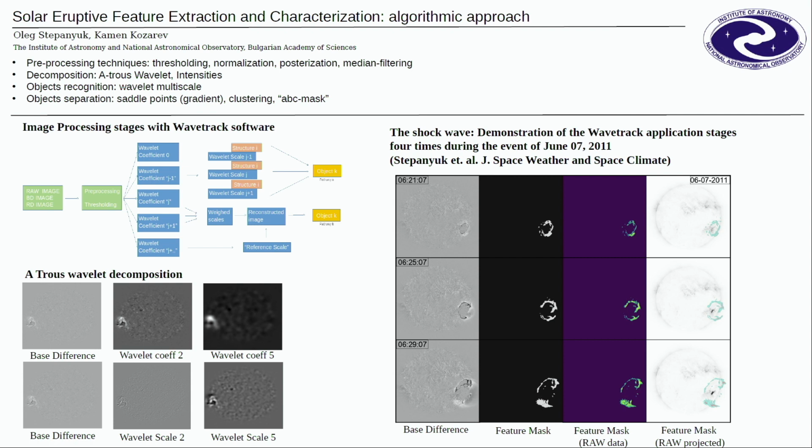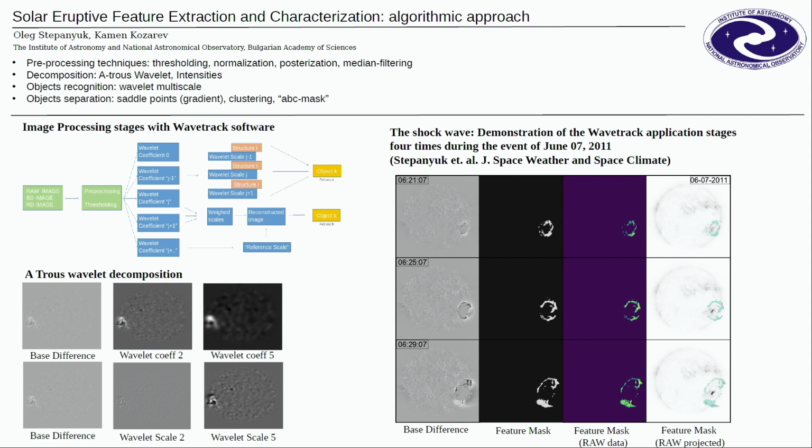After that, we apply a certain thresholding because we understand that the features of physical interest, like for instance the shock wave, are pretty dim, a feature that exists in a very narrow part of an extremely wide dynamic range image. So it makes sense to pre-select manually, according to your knowledge and intuition, because we know roughly in which part of the image these features exist. Then images are decomposed with the A-trous wavelet decomposition technique.